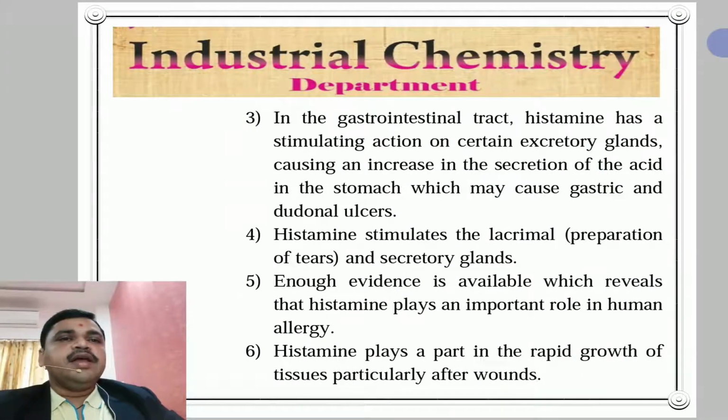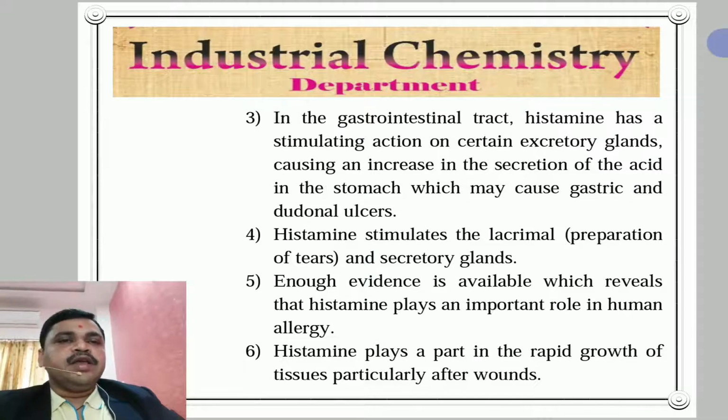Number 3, in the gastrointestinal tract, histamine has a stimulating action on certain excretory glands, causing an increase in the secretion of acid in the stomach, which may cause gastric and duodenal ulcers. Number 4, histamine stimulates the lacrimal, that is tear-producing, secretory glands.